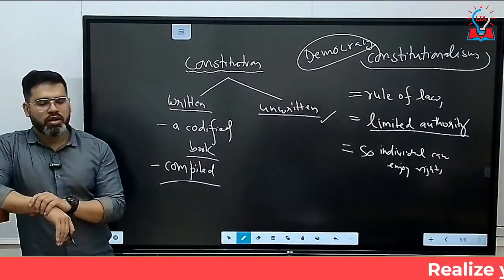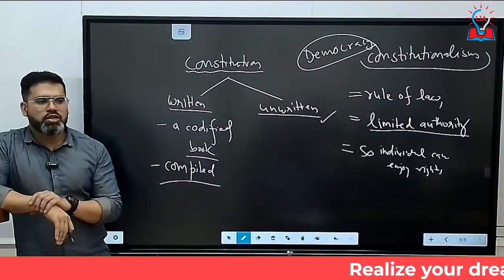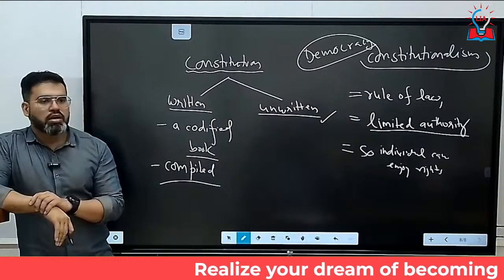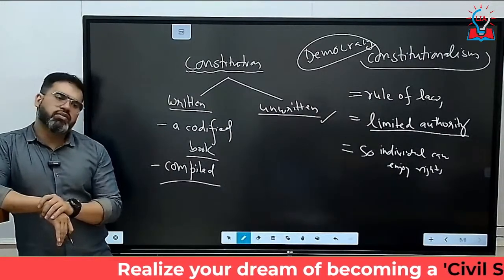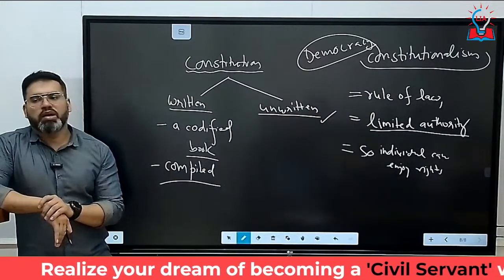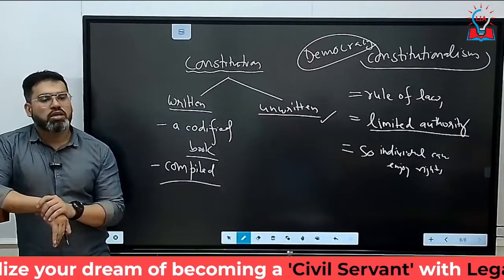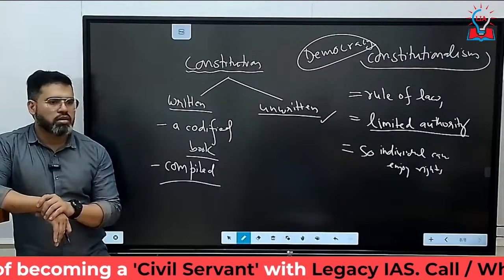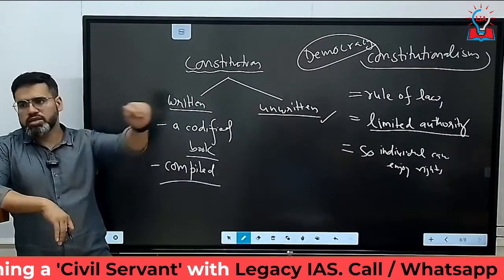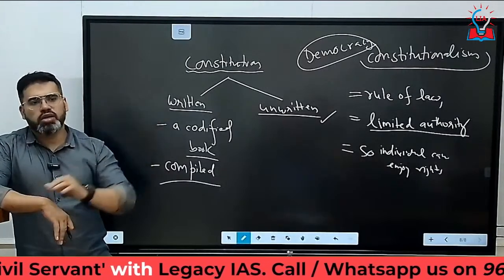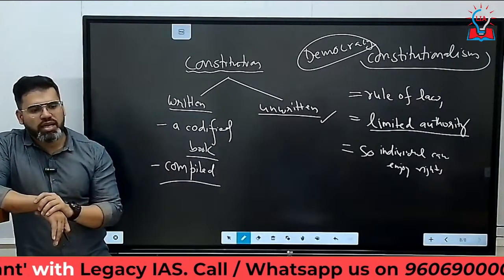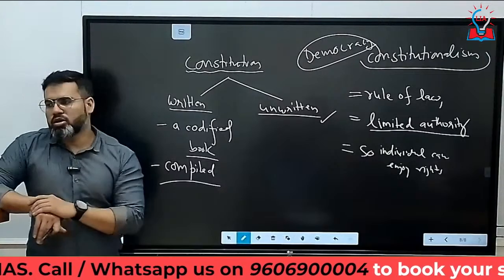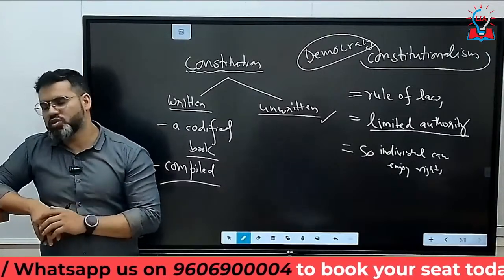If individuals are able to enjoy the rights, that means it is because of constitutionalism. So the main purpose of constitutionalism is to restrict the state's authority so that individuals can enjoy the rights.